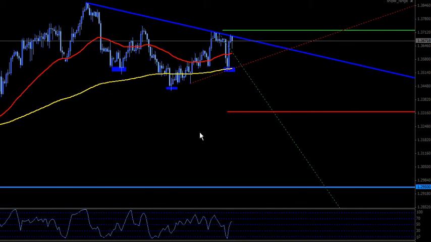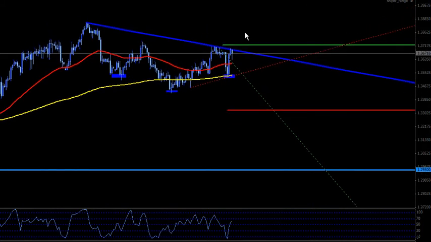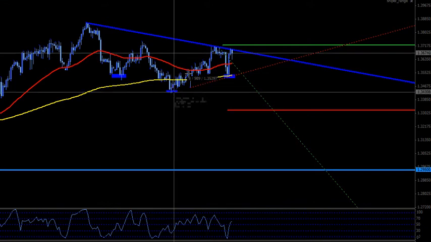Now, one thing I wanted to point out, I've already pointed out that we have this head and shoulders pattern here, and let's find the target on that. I just used the crosshair tool, and I bring it down to the low, and I drag it up to the neckline, which is 265 pips.